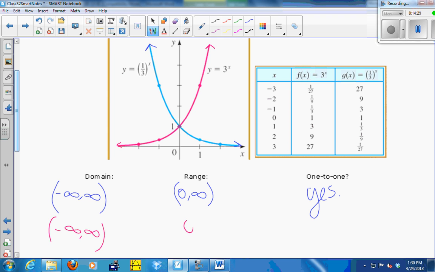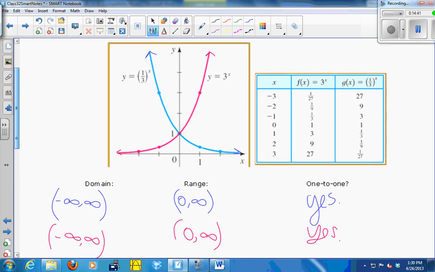Same. It lives on 0 to infinity. For y, x-axis up. Is it 1-to-1? Yes, passes the horizontal line test. It doesn't include 0. Round brackets don't include 0. I mean, aren't included. Square brackets are the ones that include.